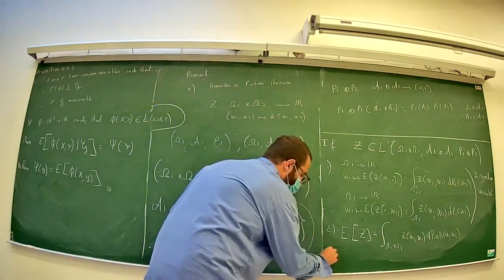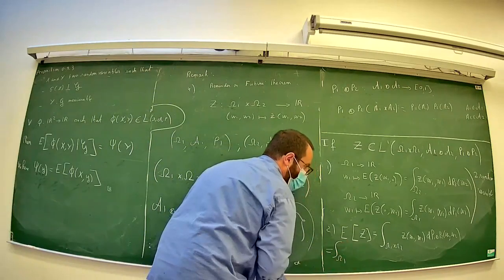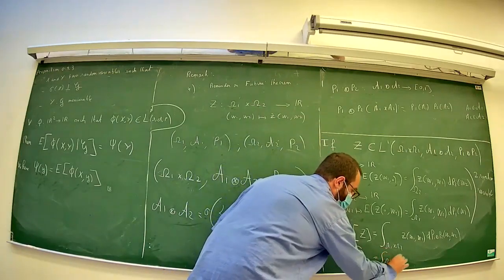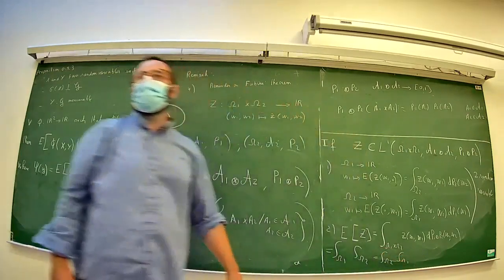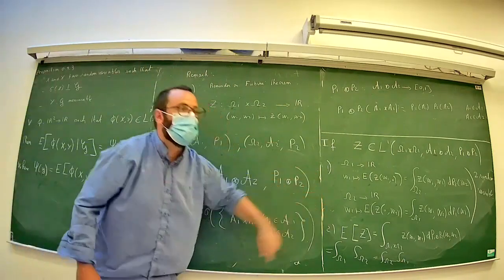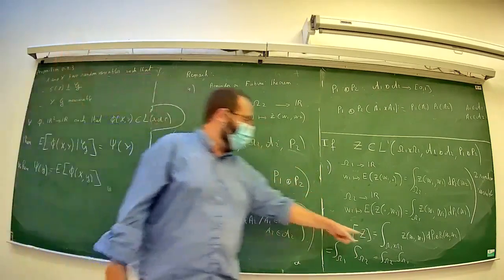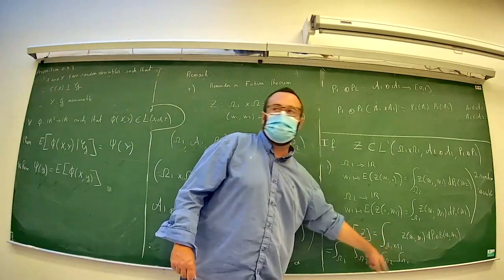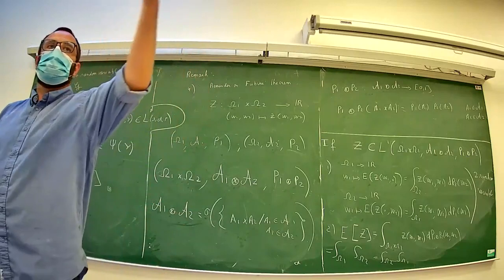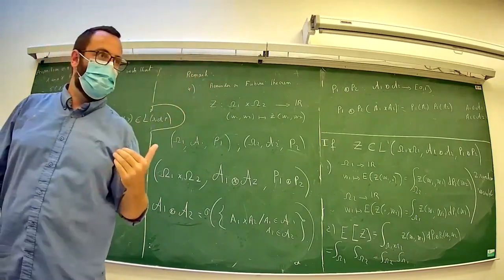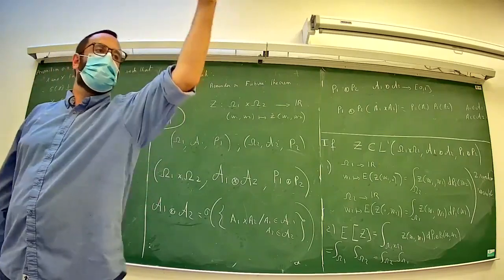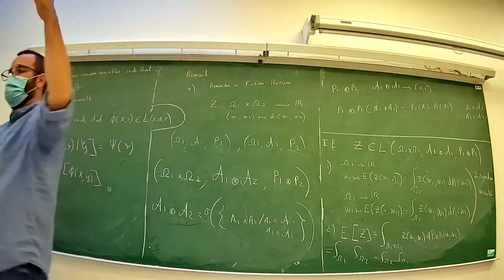So you can first compute the integral with respect to omega 1, and then the integral with respect to omega 2, or first the integral with respect to omega 2, and then the integral with respect to omega 1. In general, you keep only this one in mind: when I have a double integral, an integral defined on a product, I can compute it by computing two integrals of lower dimension. Typically, for the Riemann integral, with dx dy, first dx then dy, or first dy then dx.